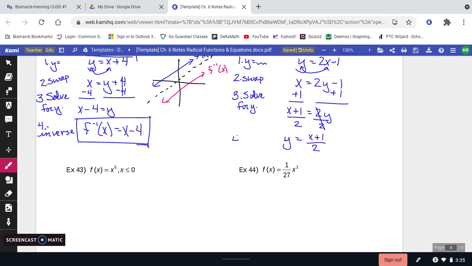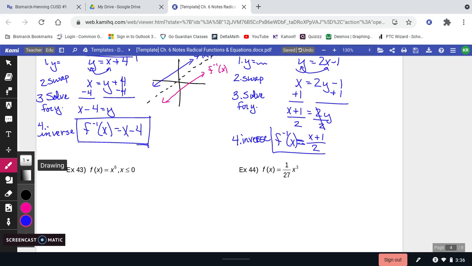And then last step, rewrite it, use your inverse notation. So instead of a y equals, I'm going to go f inverse of x equals x plus 1 over 2.